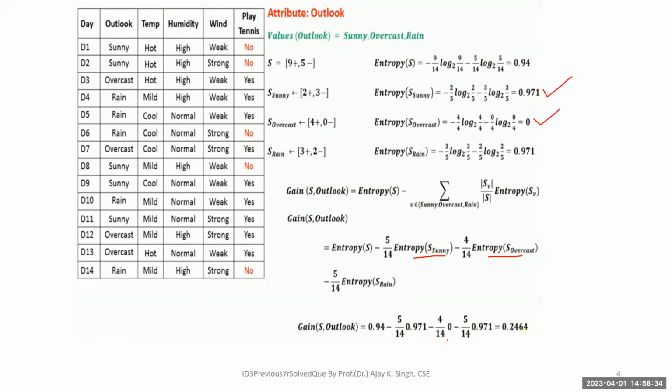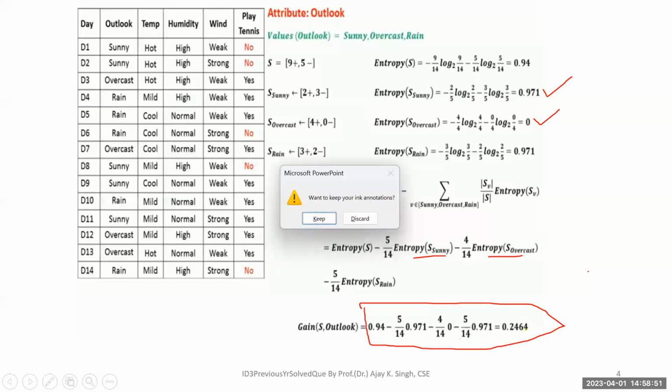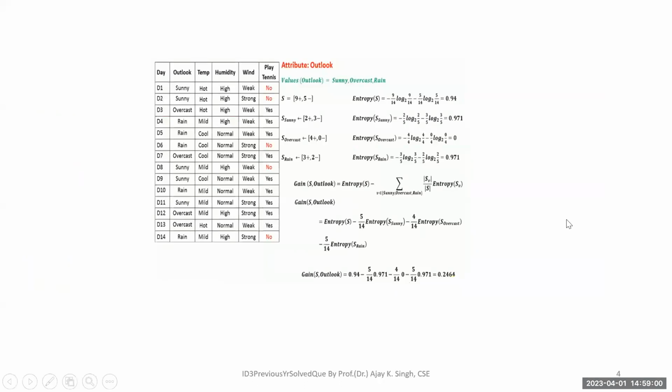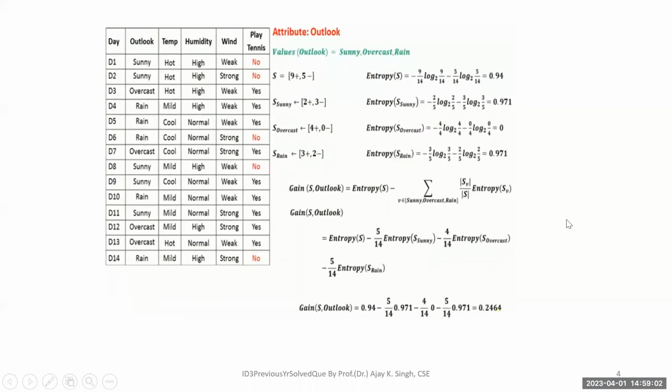After putting these values, I'm going to get the information gain. Clear? So this is the information gain for outlook, and this is the output of this.